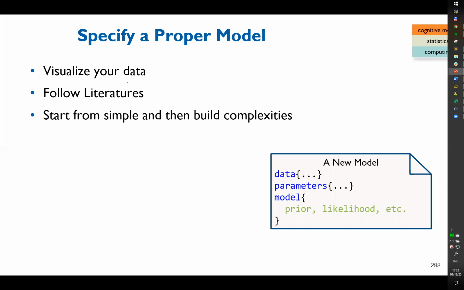And also ask your supervisors. Let's say for my master thesis, I heard about something and I want to do a master thesis project regarding the model. Well, your supervisor must know it, right? So in this case, ask the experts. And also start from simple and then build complexity.